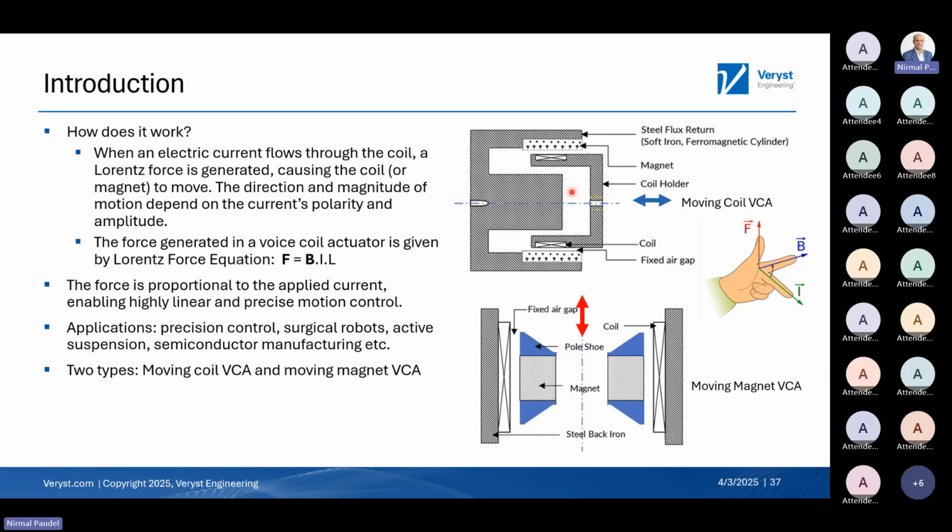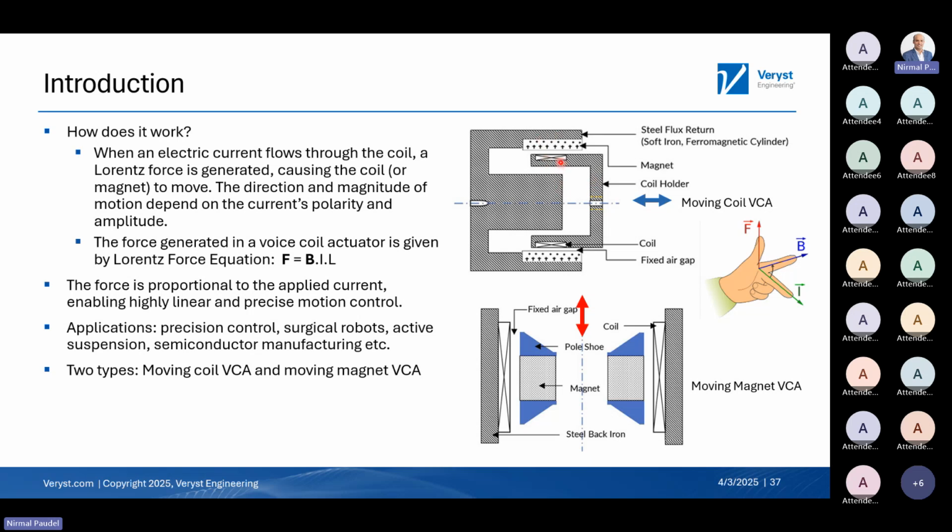The difference here is, on the top, we have a coil that is attached to some kind of coil holder, and it's inserted into the slot. The slot consists of a permanent magnet with the magnetization, in this slide, going radially out and in. So the coil is sitting in a uniform magnetic flux.